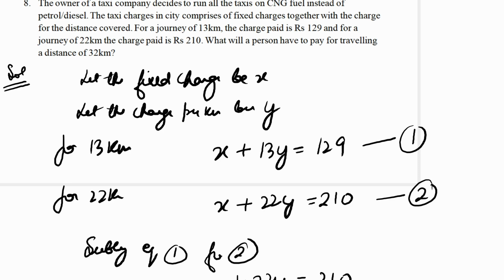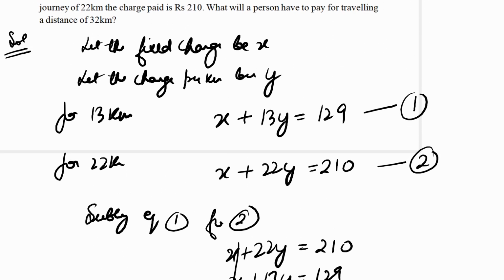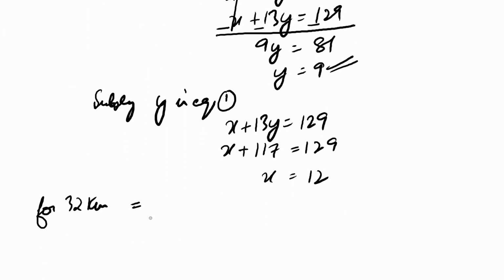Now, what will be the charge for a person traveling 32 kilometers? For 32 kilometers, the fixed charge is x, yes, the fixed charge is x. So 12 plus 9 into 32. This will become 12 plus 9 times 32, 9 twos are 18, 9 threes are 27, 28.